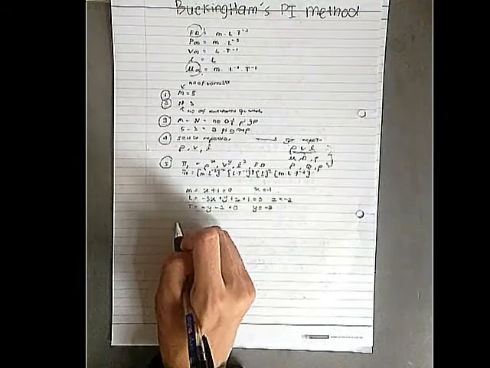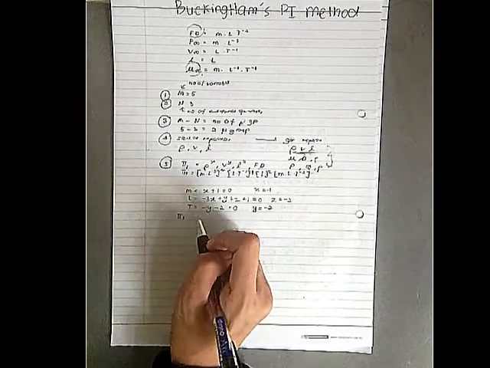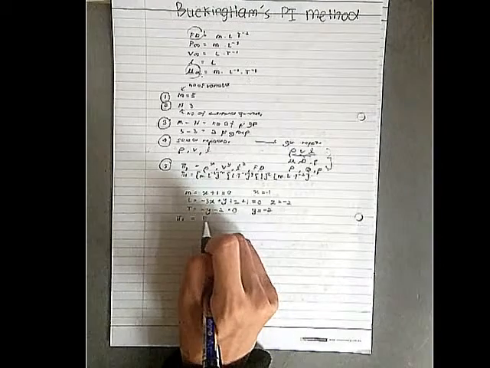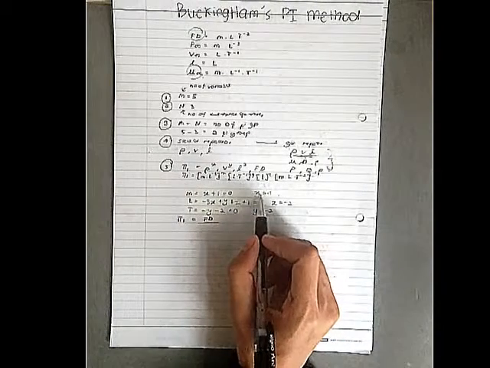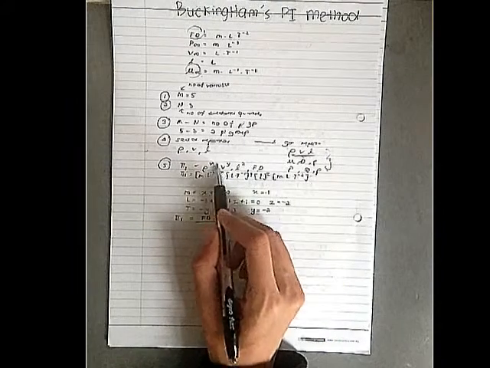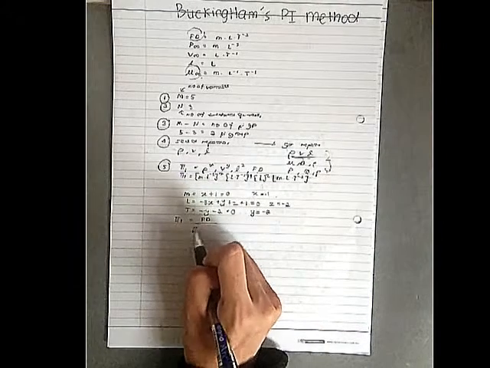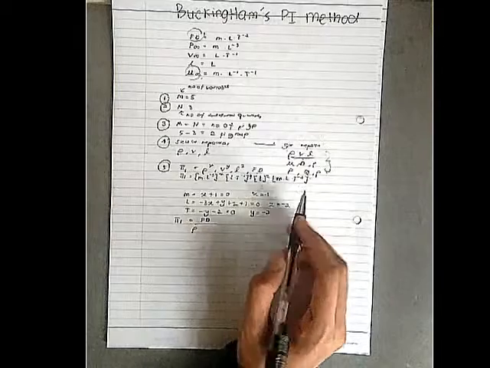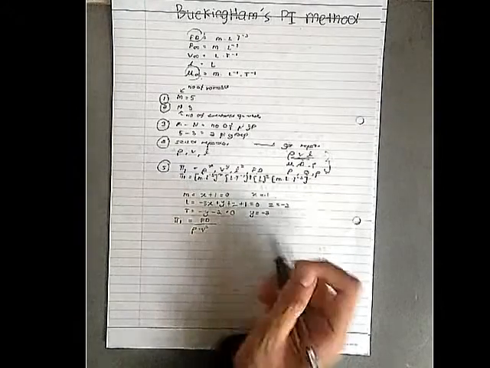Now we can write the equation for pi 1, which is F_D. We just took it here: F_D. Because x is minus 1, density is here in the denominator, and v is y, which is minus 2, so V will be to the power of 2.